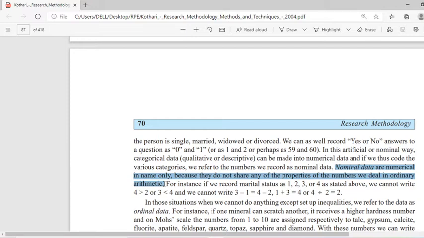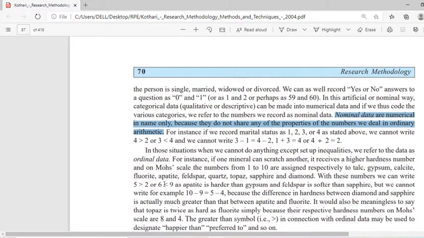Now, what is ordinal data? Another type of data is ordinal data. If there is some ordering, like the age of a person, for example, it may be 12, 18, 25, etc. So there is an ordering, and we have to consider the magnitude also.